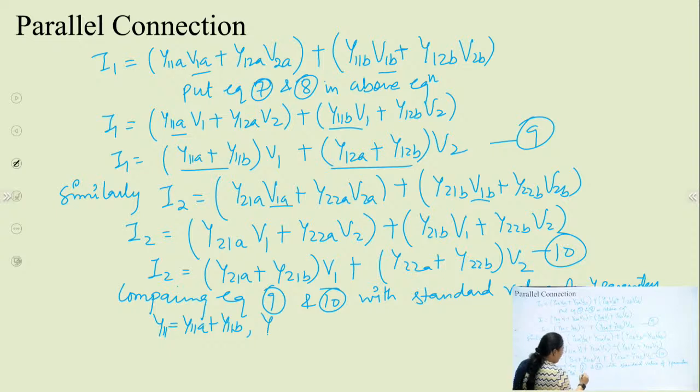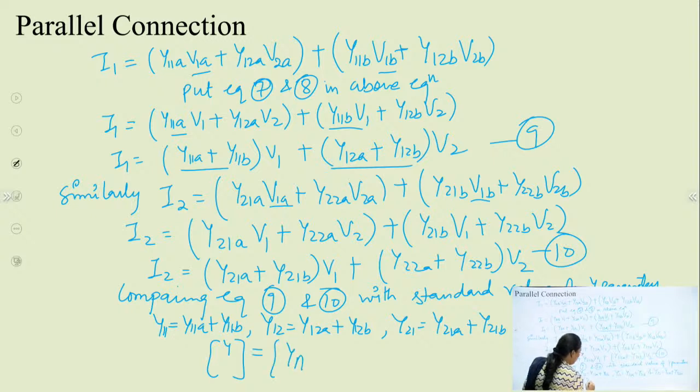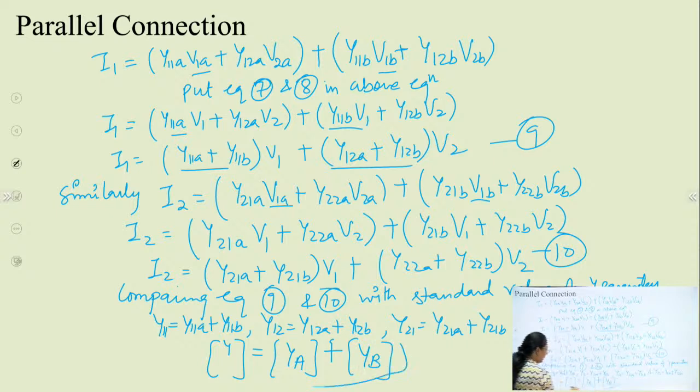Similarly y12 will be equal to y12a plus y12b, and y21 will be equal to y21a plus y21b, and y22 will be equal to y22a plus y22b. So we can conclude here that overall y parameters will be equal to the y parameters of the A network plus the y parameters of the B network. It is the summation of the parameters of the A network and the parameters of the B network. Okay.